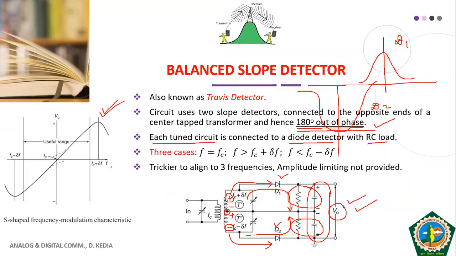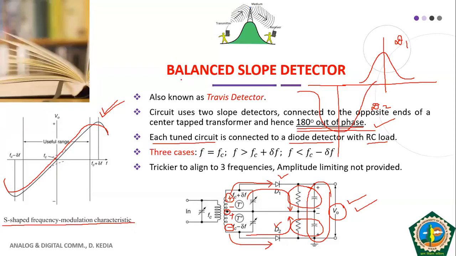Look carefully at the left hand side of your slide. We have merged the two parts of the circuit in such a way, and their frequencies have been adjusted in such a way, that these two resonant curves take the shape of S. See, this is S. That's why we call it S-shaped frequency modulation characteristic.